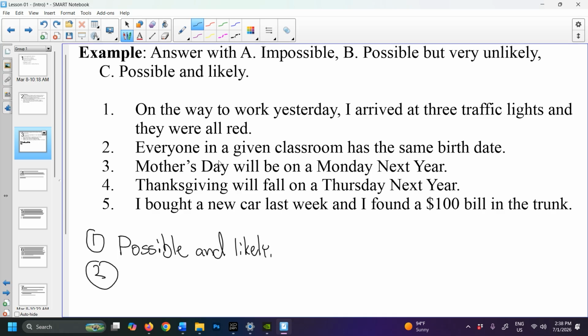Now, if I talk about everyone in this classroom and their birth date, in many classes, you may see 20 to 30 people. That is a lot more instances than just 3 traffic lights. Birth date is one of 365 days in a year. That is a lot more outcomes than red, yellow, or green. And so, even though it might be possible that all 30 people have the same birth date, it is very unlikely.